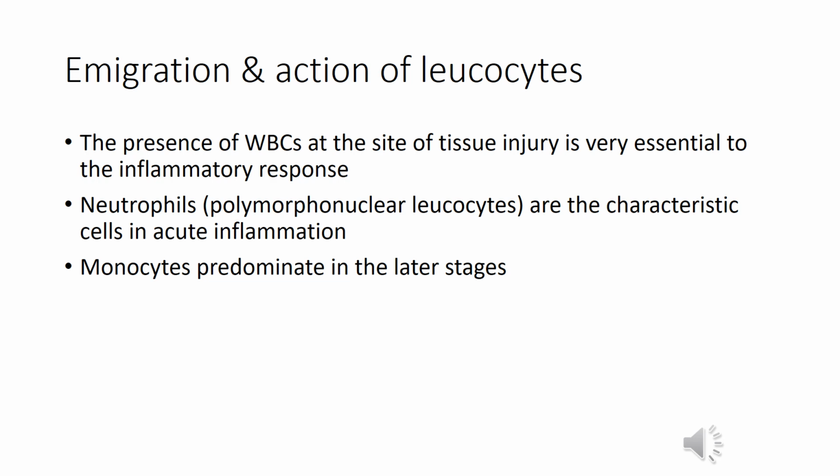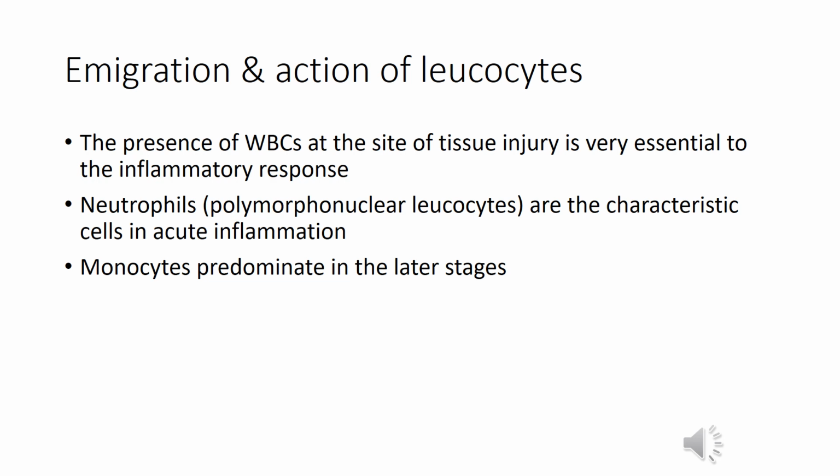So among the white blood cells, there are different types, subgroups. We have neutrophils, lymphocytes, monocytes, basophils, and so on and so forth. Among these white blood cell groups, the first type that appears at the site of inflammation are the neutrophils.